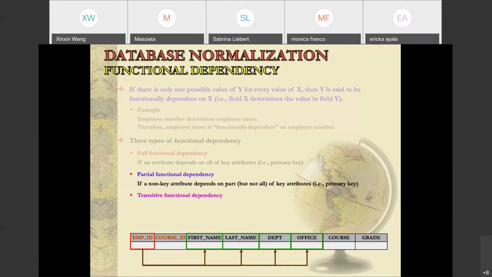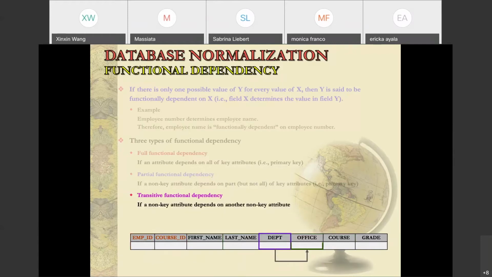So what is transitive functional dependency? It is when a non-key attribute depends on another non-key attribute. For instance, if you belong to the manufacturing department, right?